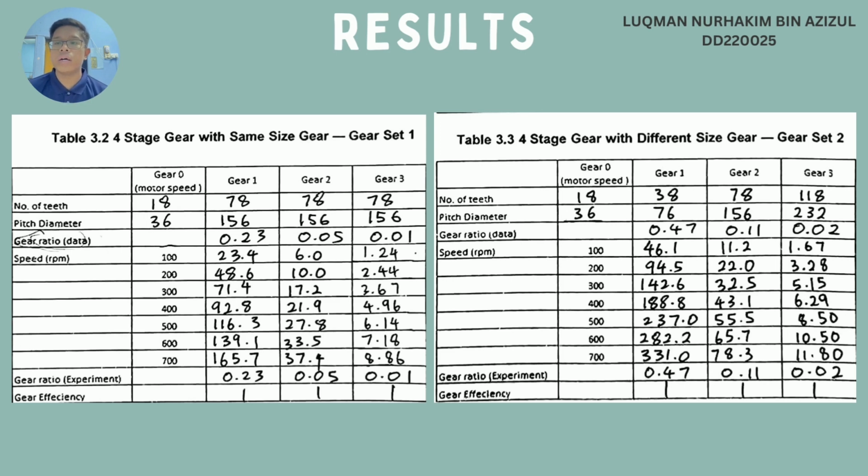For set 2 of the results, we got the speed 46.1, 11.2, and 1.67 for gear 1, gear 2, and gear 3 respectively. Then we got the gear ratio for data and experimental, which is 0.47, 0.11, and 0.02.